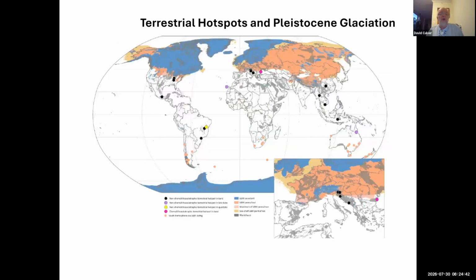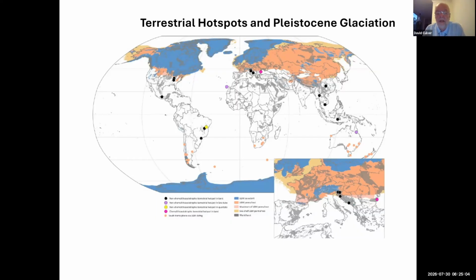So how can we explain the distribution of terrestrial hotspots? Well, guess what? The Pleistocene doesn't really help us except in Europe. And there's a lot of evidence that, while not the initial invasion, the distribution of species in Europe was profoundly affected by the Pleistocene.